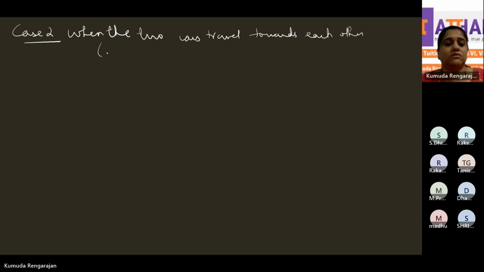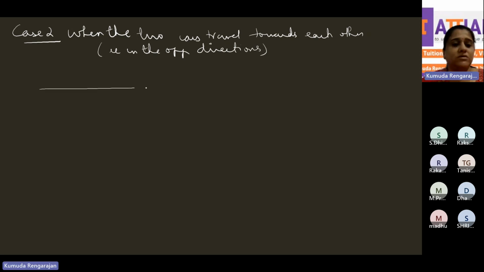So what happens? This is place A, this is place B.